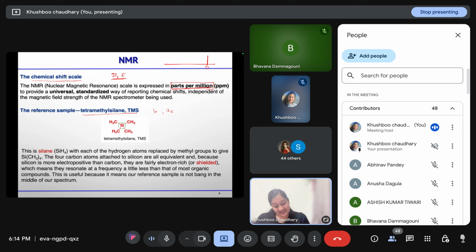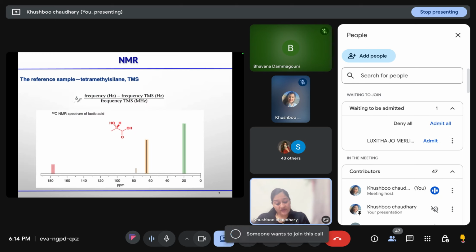So we can say that tetramethylsilane comes upfield of any of the organic molecules. So we will consider it as zero in the carbon 13 and proton spectra. Based on this reference sample, we will consider all the peaks of the other protons and carbons present in the molecule. So this is our reference.